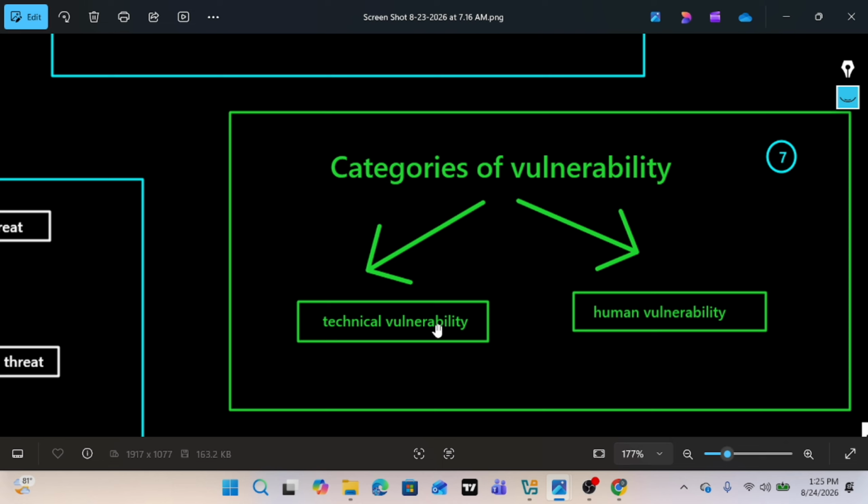Now, what is an example of technical vulnerability? A technical vulnerability can be a misconfigured software that might give an unauthorized person access to important data. That is just what we call technical vulnerability. It could be unpatched software, outdated software, a weak password.